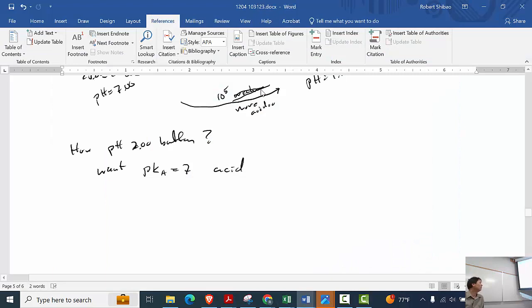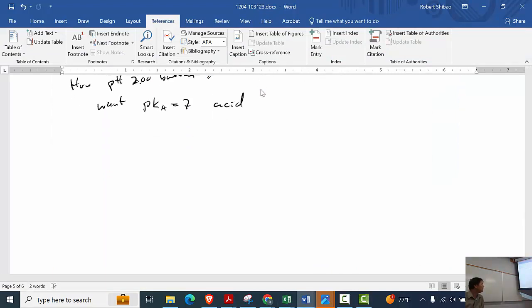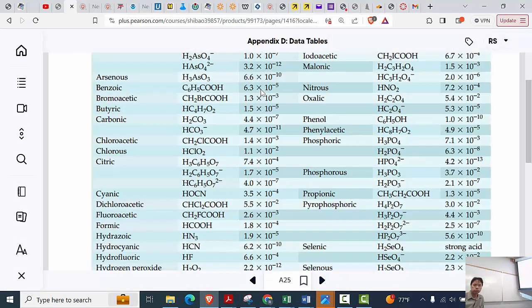And so dihydrogen phosphate's close. And so this will be my acid. And the pKa of this is going to equal the negative log of, actually I forgot the number, 6.3 times 10 to the minus 8.